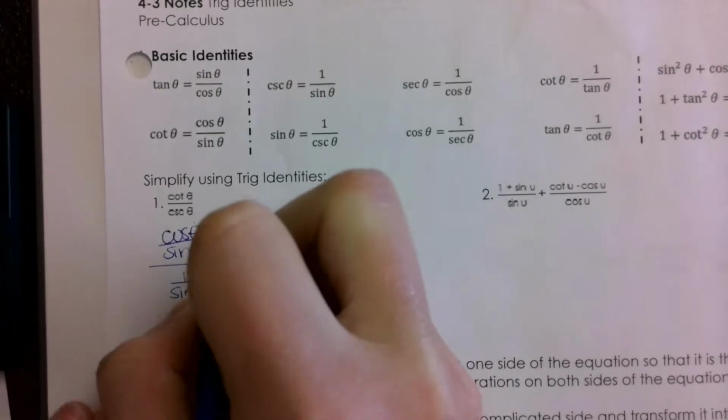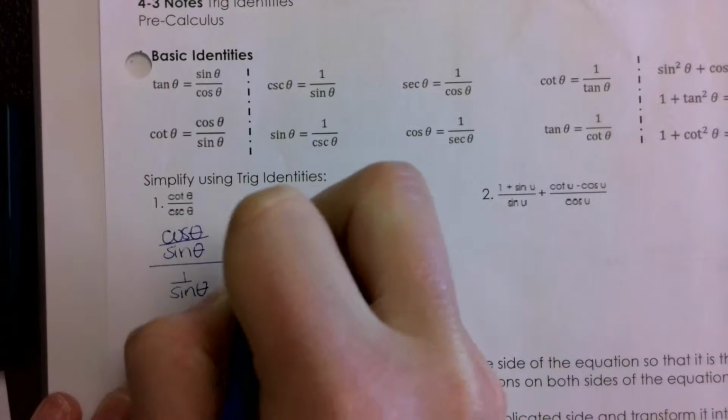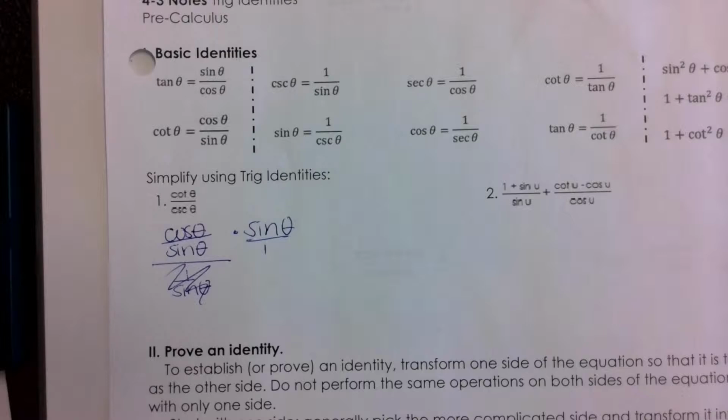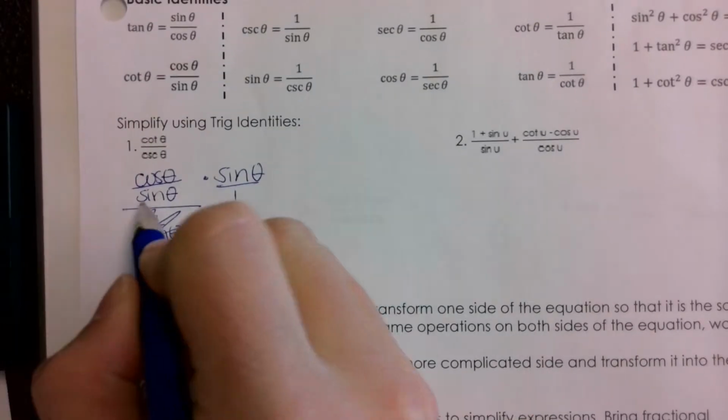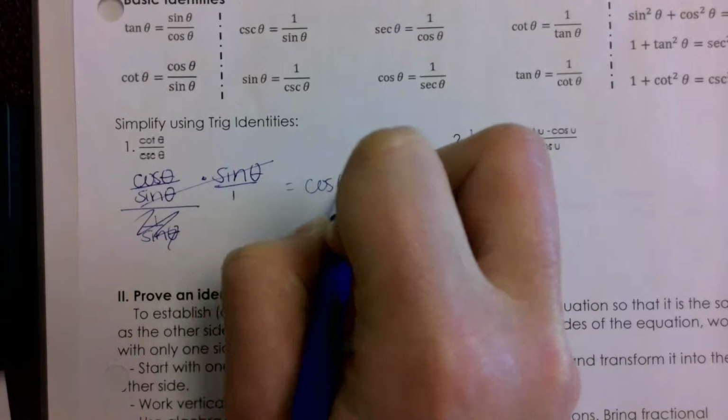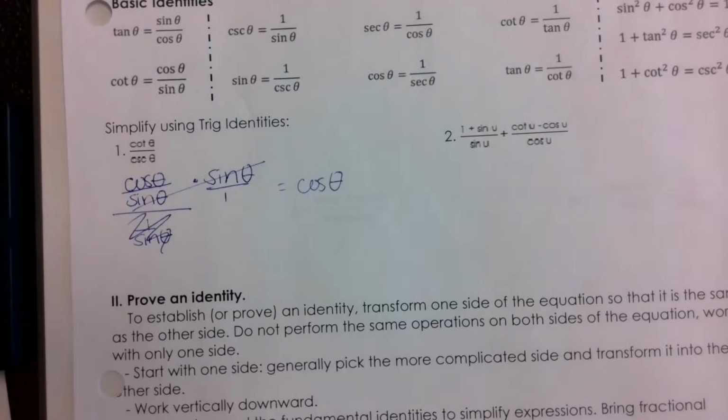So I'm going to say times sine over 1. That's going to go away. What can we do from there? Cancel your sines, so that whole thing is just cosine. Is that okay? Questions so far? Did we do this in Math 3?